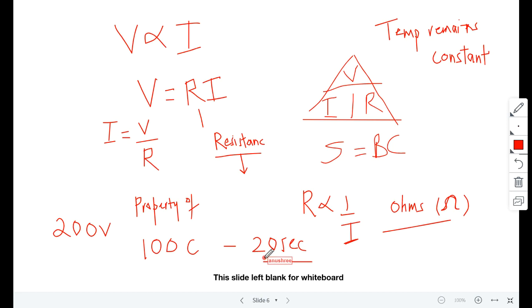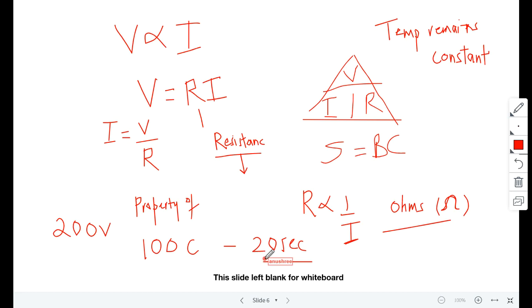Okay, so the potential difference first of all is 200, but then the other thing is the current, and we have to find out the resistance.